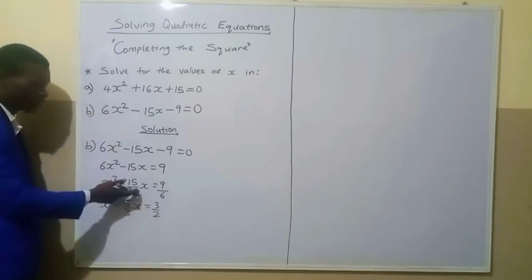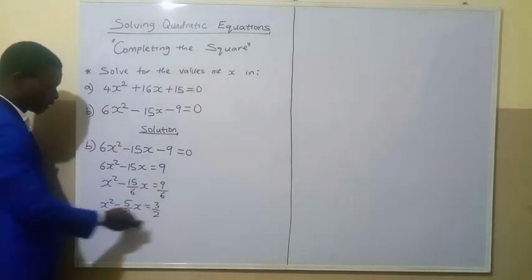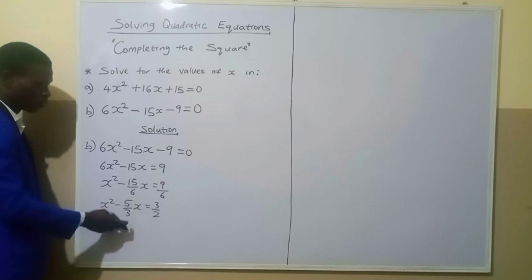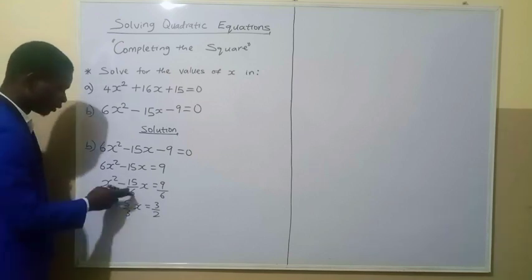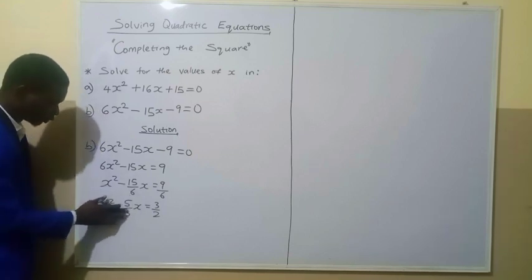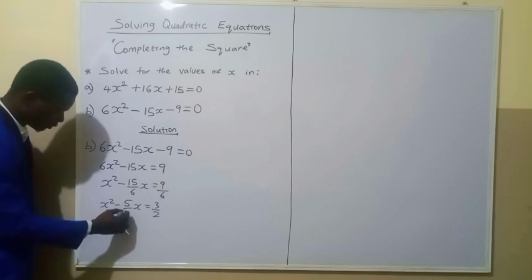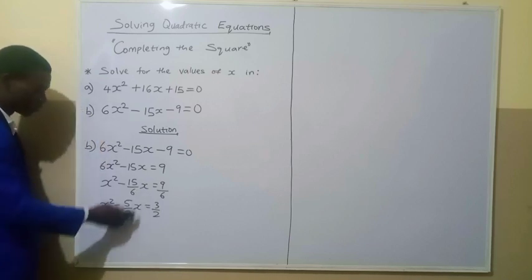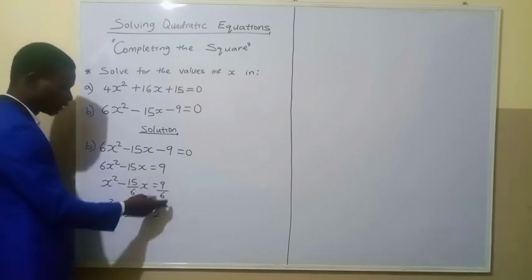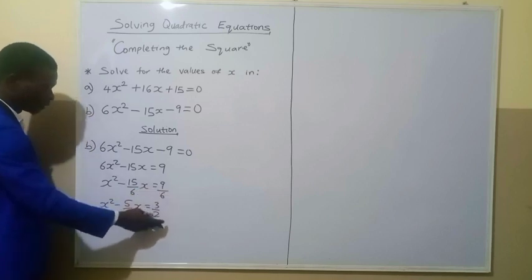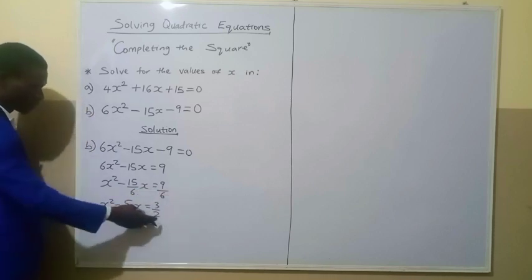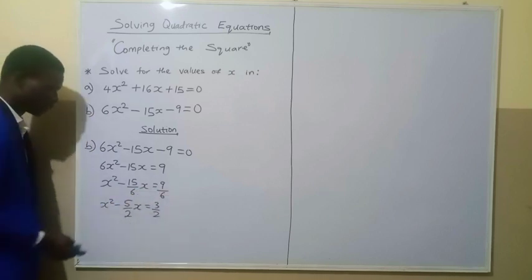If you like, you can work with this already. If you like, you can divide them so that you can work with the simplest terms rather. So 6 divided by 3 is 2, 15 divided by 3 is 5, 9 divided by 3 is 3, 6 divided by 3 is 2. So we have isolated the constant term and then we have divided by 2.